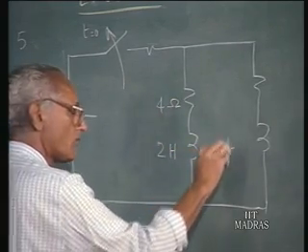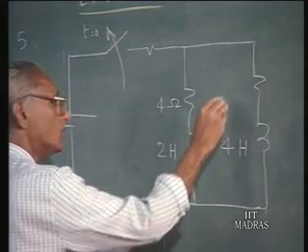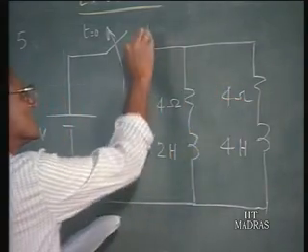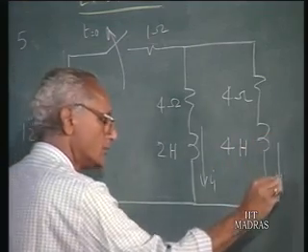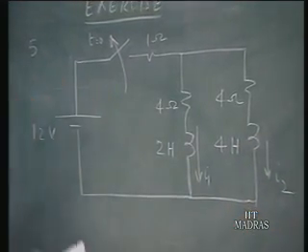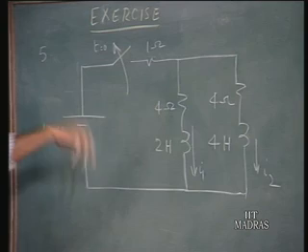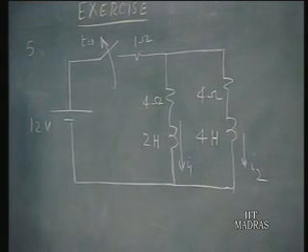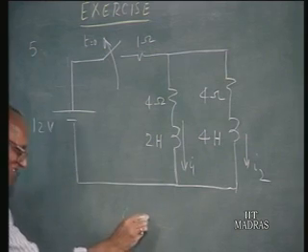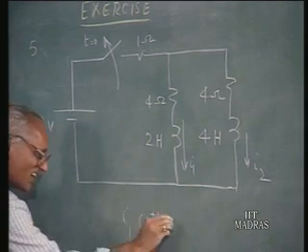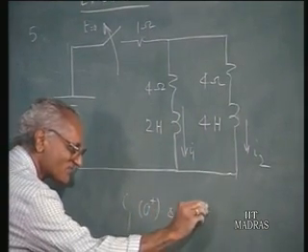This is 4 henries, 4 ohms. This is 1 ohm, I1 and I2. The switch is kept closed for a long time, so inductors have some currents established in them, and once the switch is opened, find I1(0+) and I2(0+).